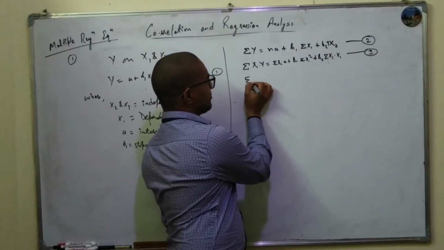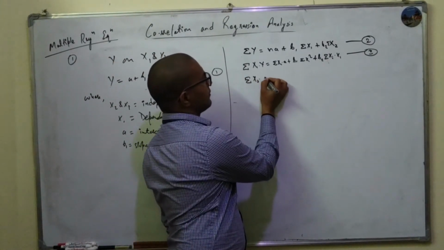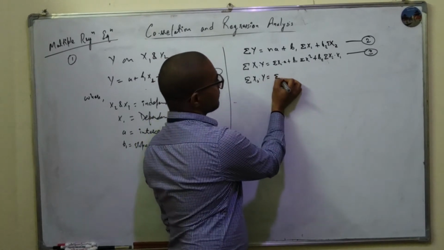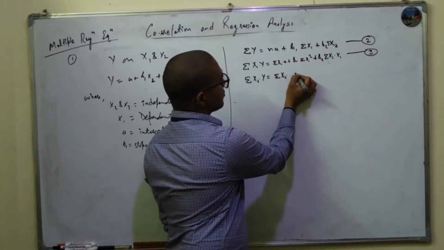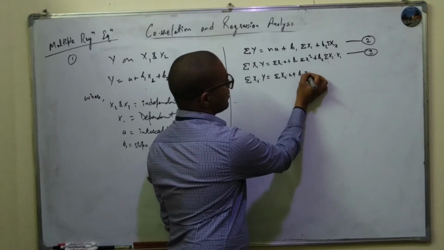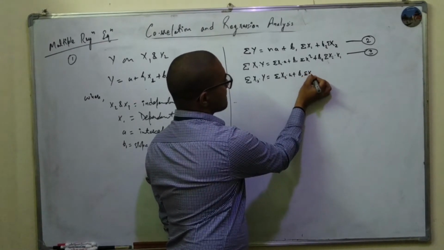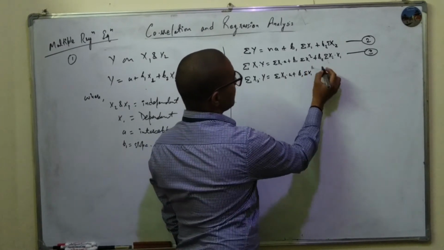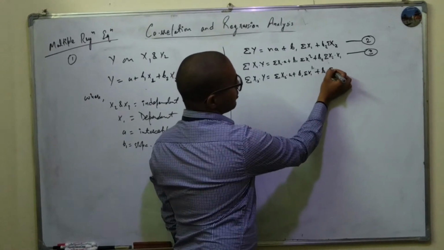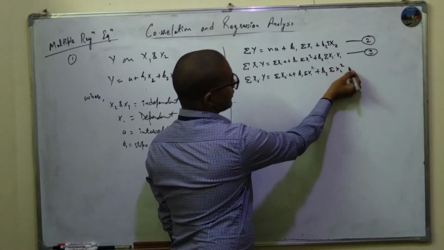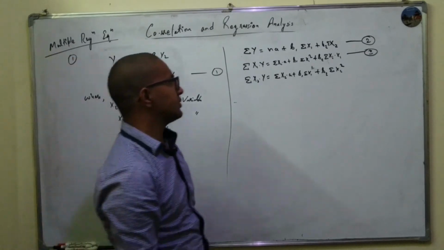After that, we will multiply it with x2: x2y equals a x2 plus b1 x1 x2 plus b2 x2 squared. So that will be the third equation.